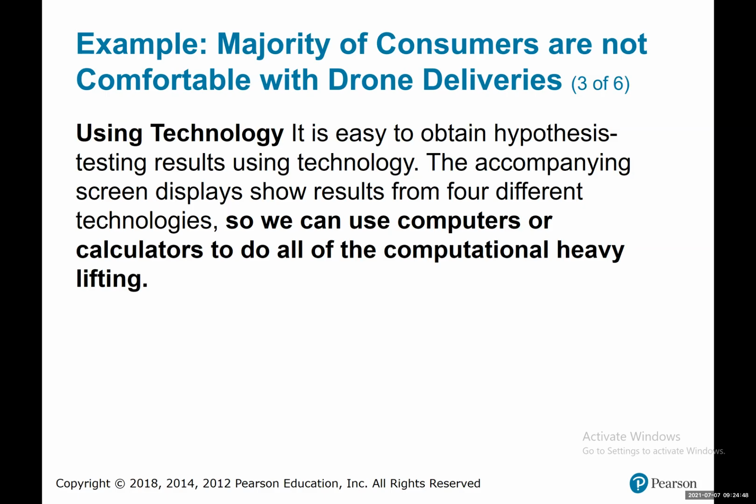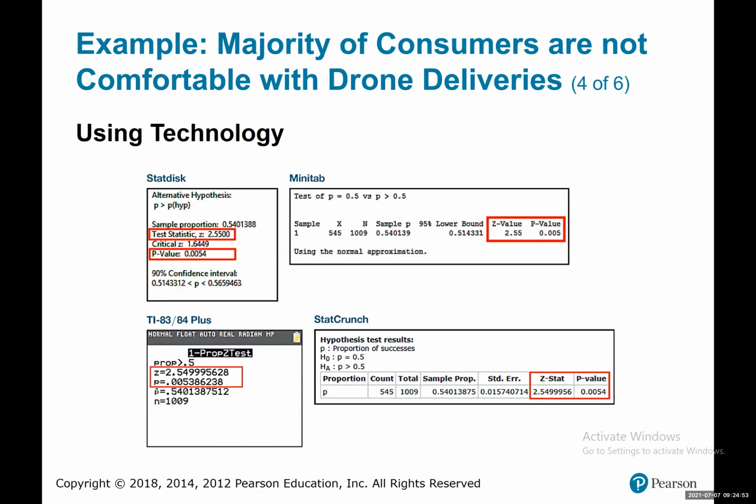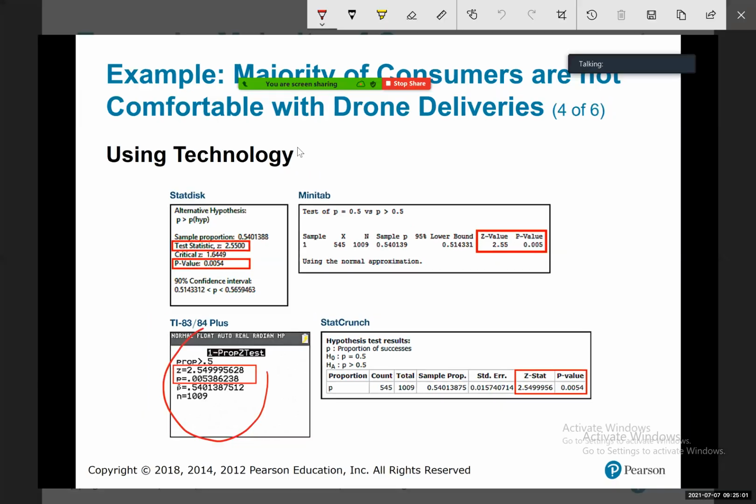We use technology and we use the calculator here. And do you see we use the TI? The test statistic is also given, but we use the p-value to judge.